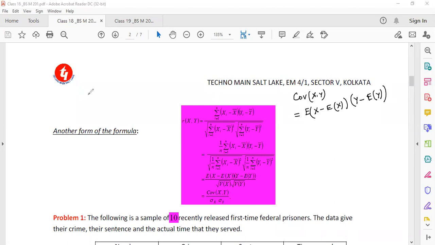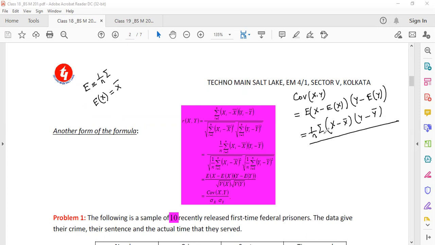Why is it so? Because you can think of E to be an operator which stands for 1 by n summation. And you know that E of x is equal to the mean x bar. So now let us try to replace this. So what will we get? We will get this one.